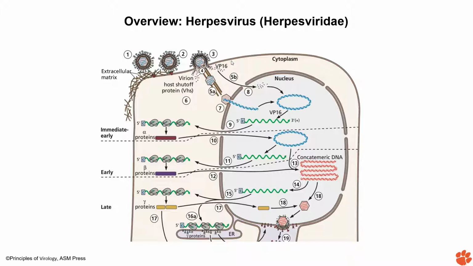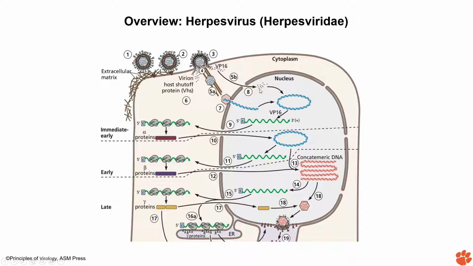VP16 is packaged into the virus. This transcription factor is brought by the virus. It doesn't need to be produced in the cell. So that's the difference from LT and E1A, which are produced after initial transcription.